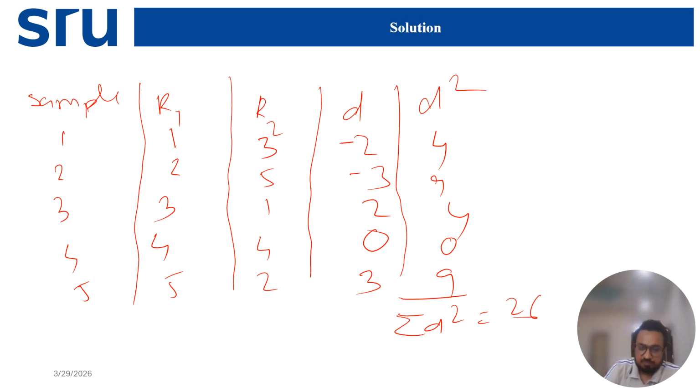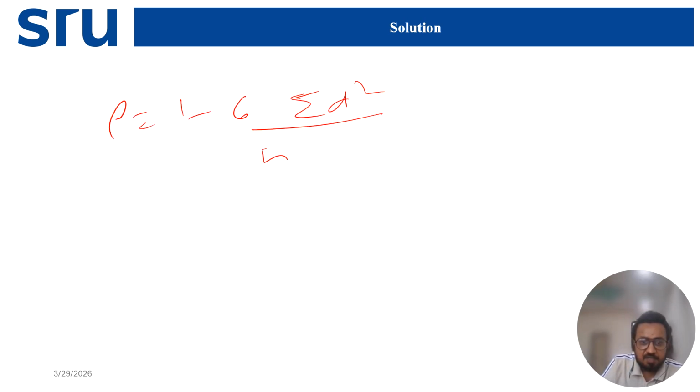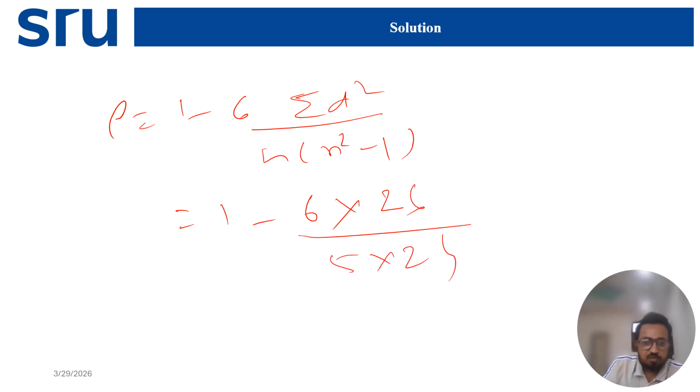Now we apply the Spearman rank correlation formula: rho equals 1 minus 6 times summation D square divided by n times n square minus 1. So 1 minus 6 times 26 by 5 times 24.